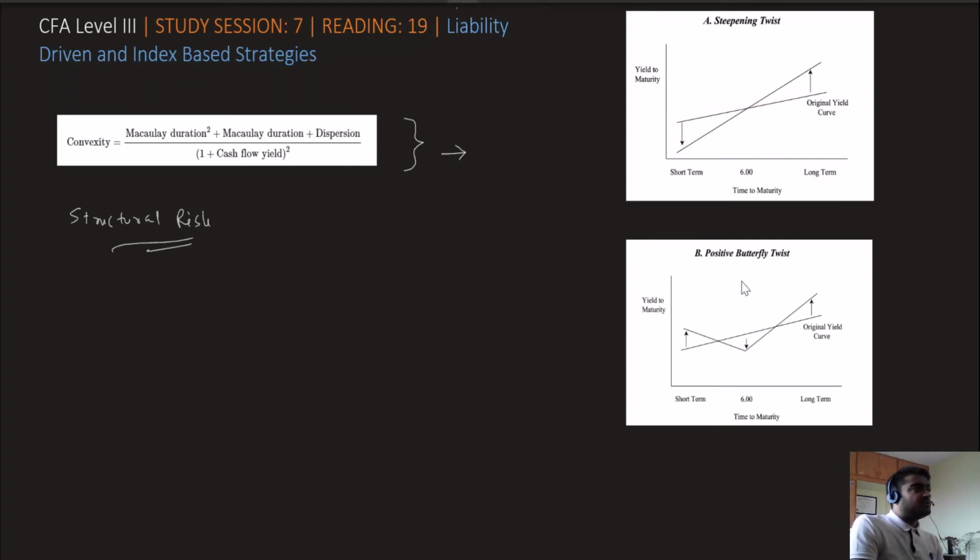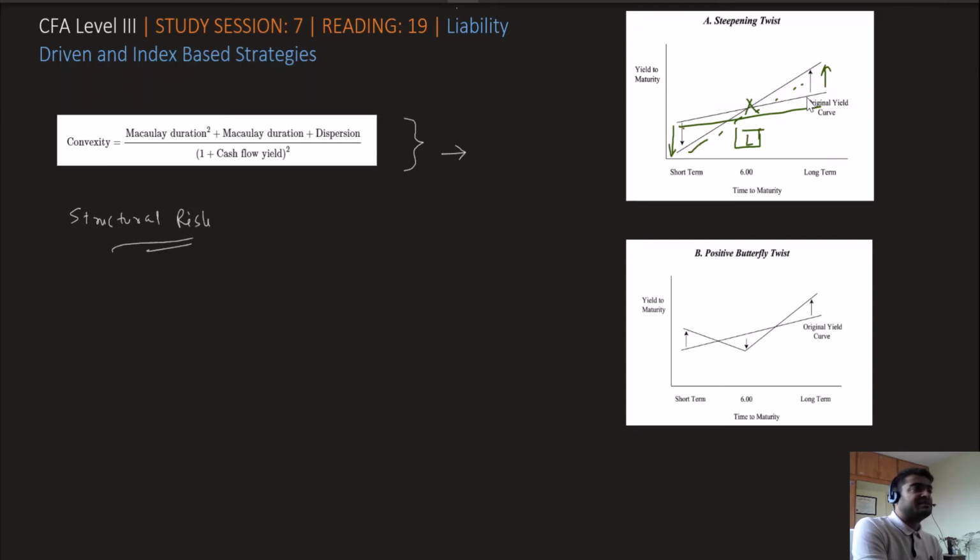Now going back to the concept of structural risk, let's discuss this with an example of a steepening twist. If you see the chart on the right hand side, this is the actual original yield curve, and right now after the yield curve change, it is steepening. So what you see is that on the longer end of the curve the rates are increasing, while on the shorter end the rates are decreasing. No change on the middle side. Since this was the initial liability, there are no changes to the liability.